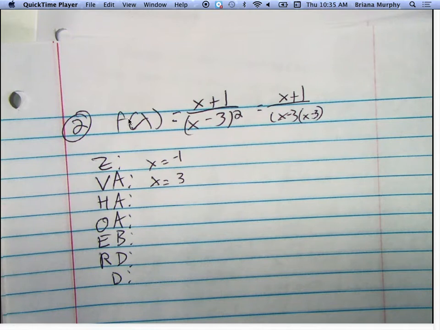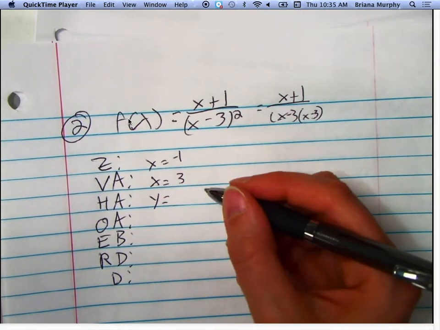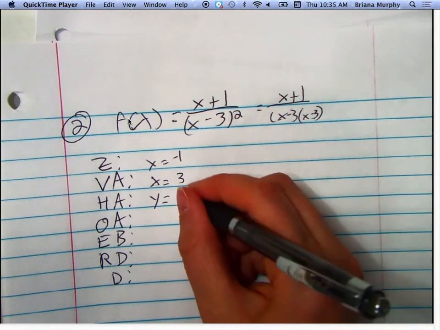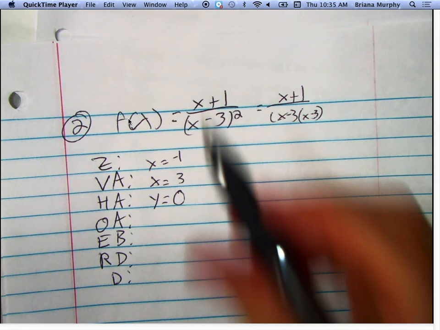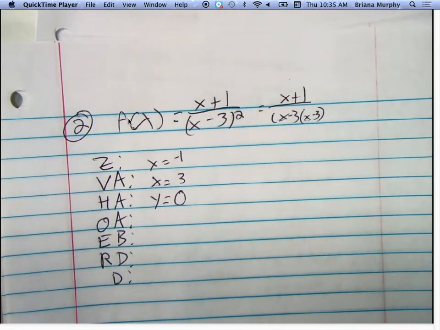So if the denominator is bigger, the horizontal asymptote is, what do you have, guys? Looking at your notes, 0. Right. The degree means like the exponents. How many x's are there? There's 2 here and 1 here, so the denominator's bigger.